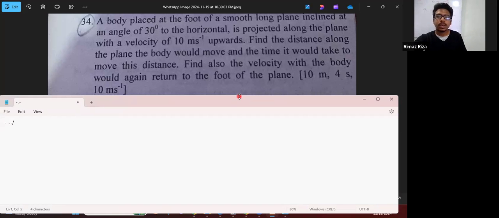Equations of motion. But for Abhishani, you haven't done the kinematics, I think. But anyway, don't worry. I'll try to explain this in a way that you can understand.